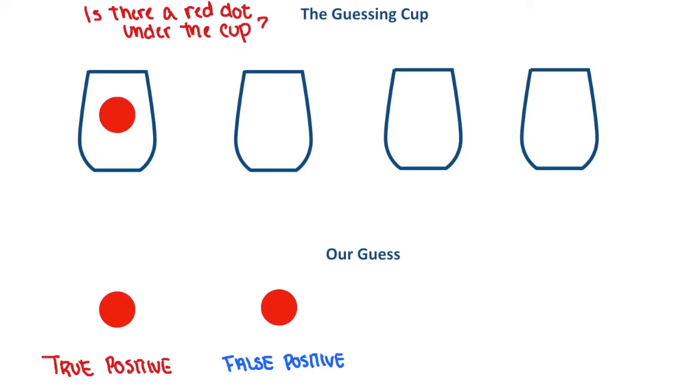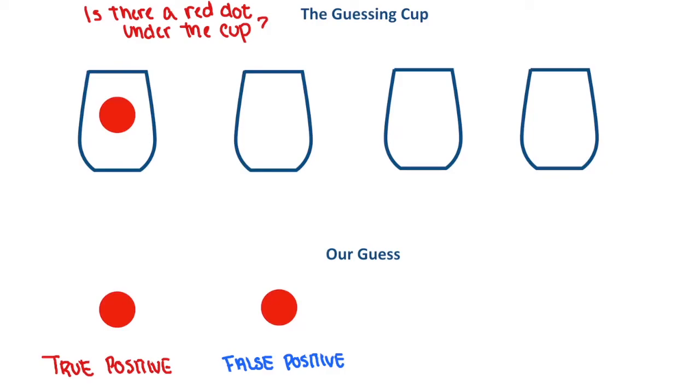Let's do it one more time. Now, for our third cup here, let's imagine too that we think, I don't think there's going to be a red dot this time. So again, we don't put anything as the image below the cup to signify that we don't think anything is going to be there. And again, imagine that we turn over this third cup and we see that there is no red dot.